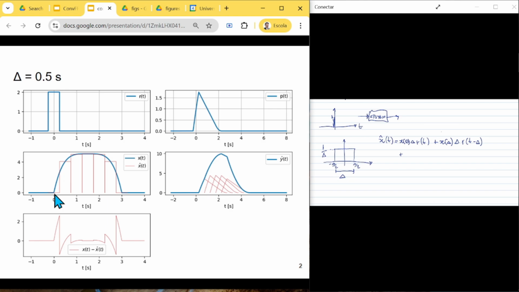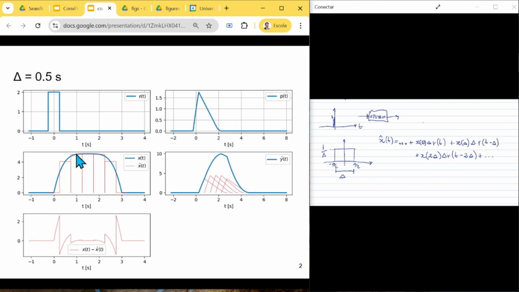I have the x of this guy here, amplitude x of 2 delta, because here I have x of 0, x of delta, x of 2 delta is the amplitude, and it is multiplying a unit amplitude r of t. So I'm putting the delta to ensure the unit amplitude, r of t minus 2 delta, and so on and so forth.